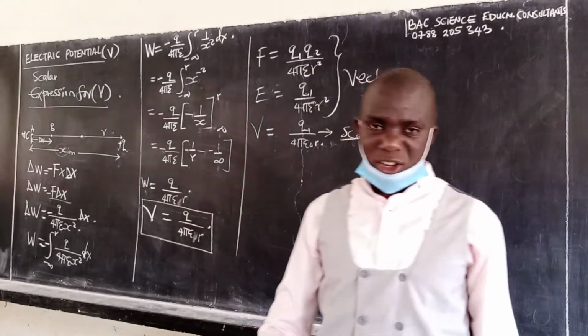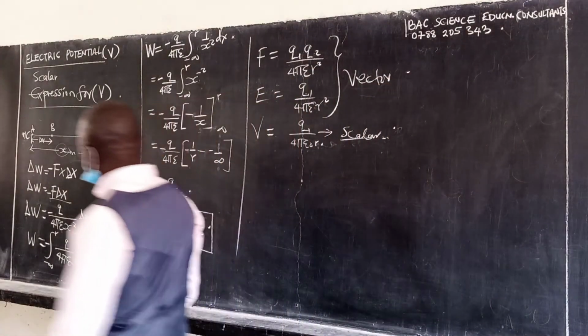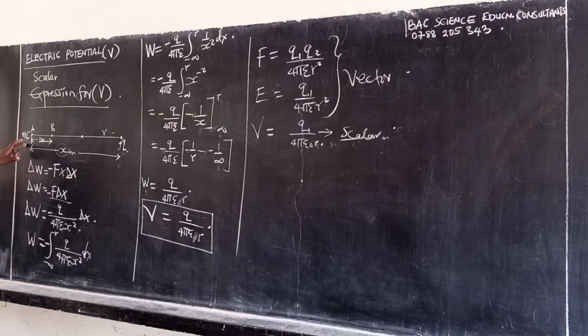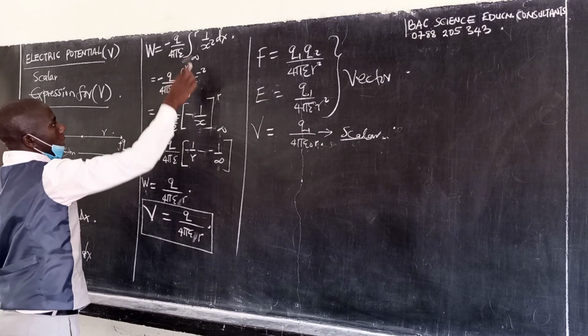To derive it, you take one positive Coulomb charge, and the small work done to move it to a certain point, maybe B, through distance delta x, is negative F delta x. The force we know is Q out of 4 pi epsilon naught x squared, because the distance of separation is x. And the work done is the integral from infinity to that point r.